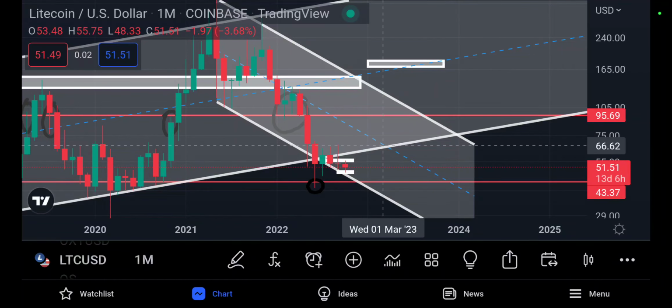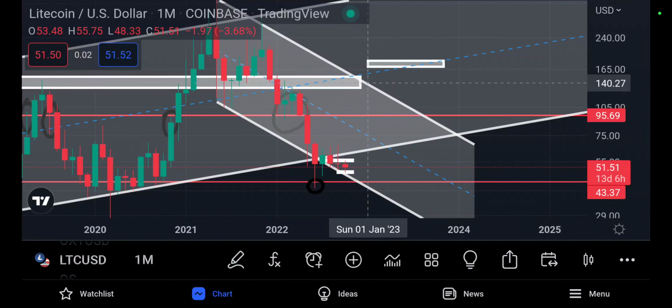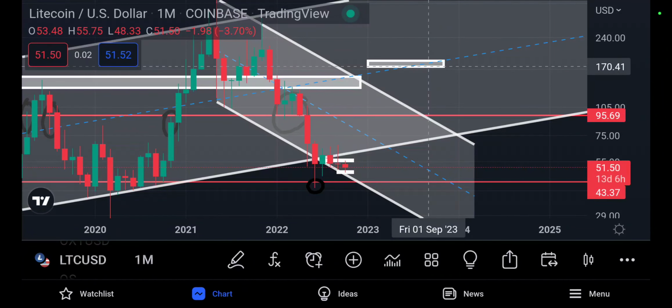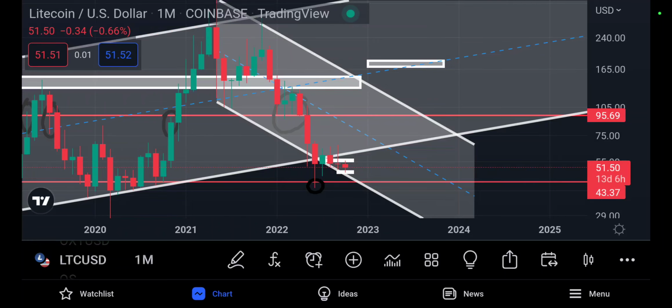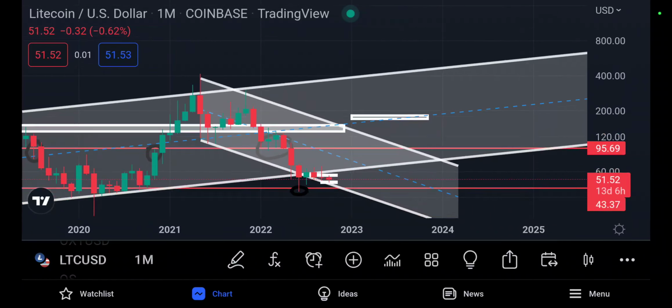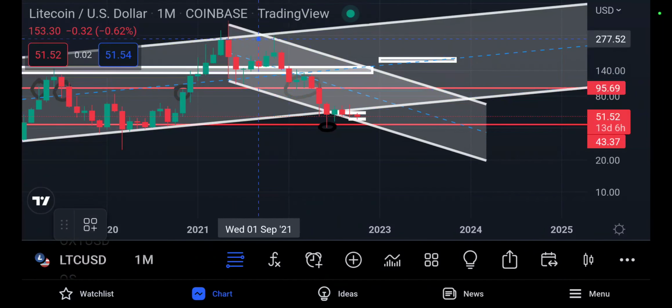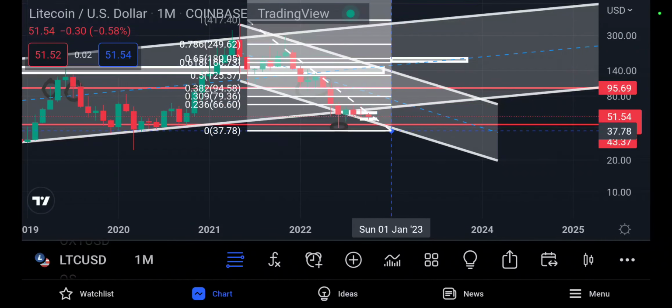swoop back into this channel, get above all of this resistance right here, get above this resistance right here at the 0.5 fib, and then rise up to the 0.618 on this side. So let me bring out the previous Fibonacci retracements. We do a fib from the top to bottom.